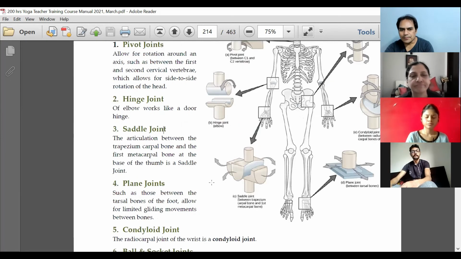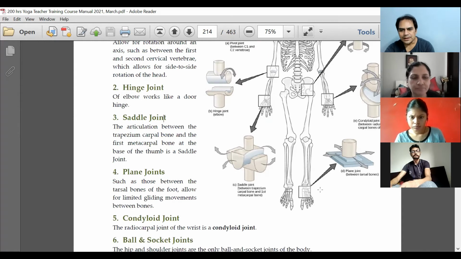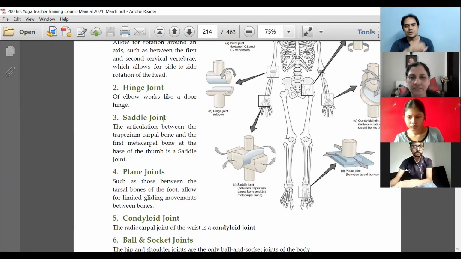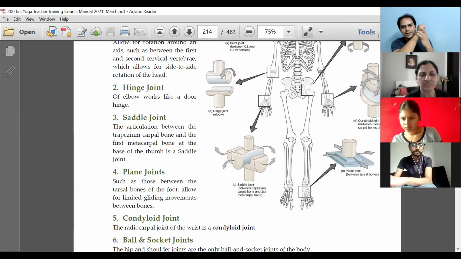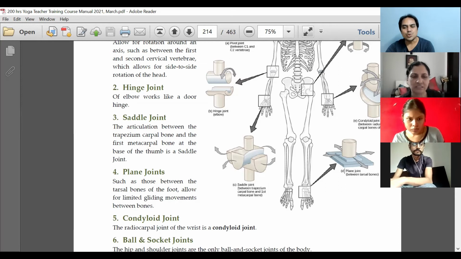Next is fourth, plane joints. You can see the plane joints in our wrist joint and also in our ankle joint, plane joint between the tarsal bones, tarsal and carpal bones. This is carpal bones, right? In here, carpal bones, and there in feet, tarsal. It's called plane joints.